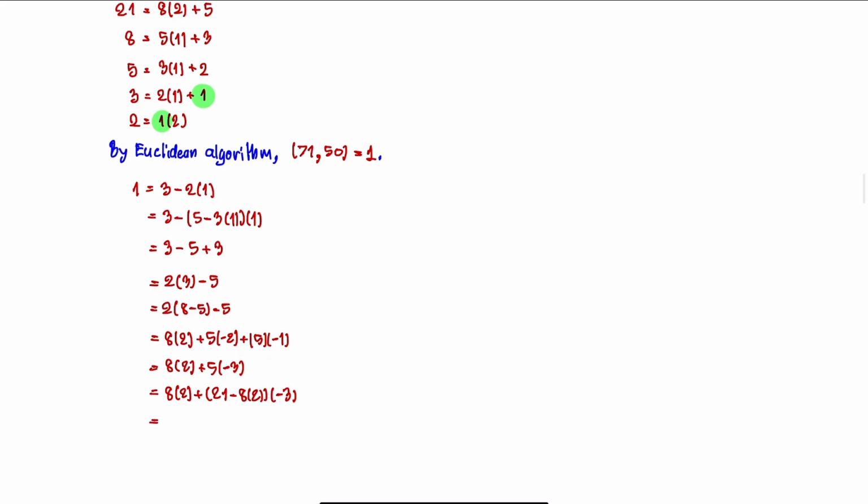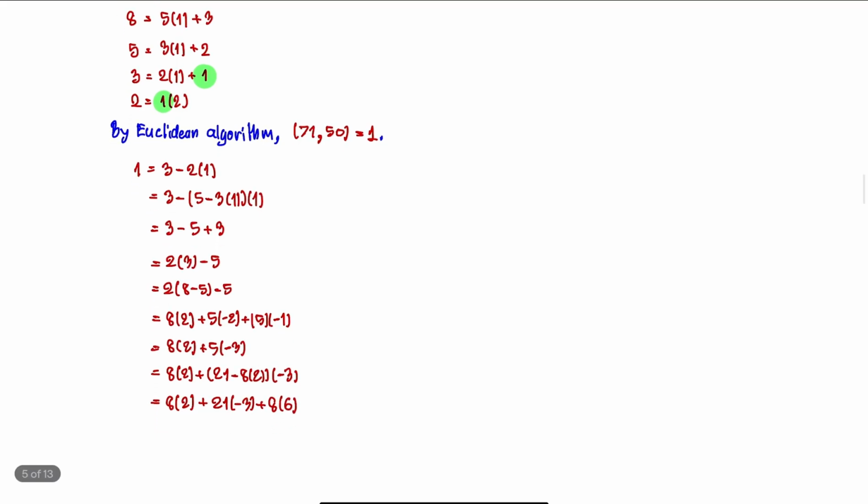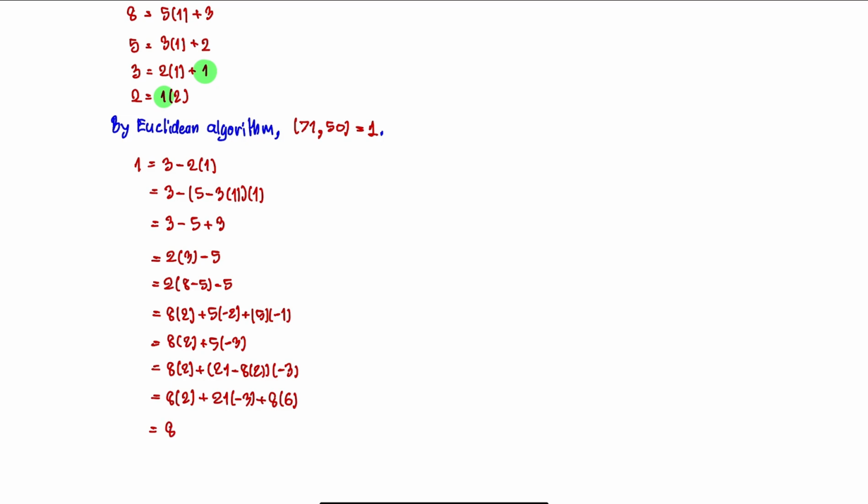So we have 8 times 2 plus 21 times minus 3, and minus becomes plus. So it turns out to be 8 times 6. Then we have 8 times 8 plus 21 times minus 3.